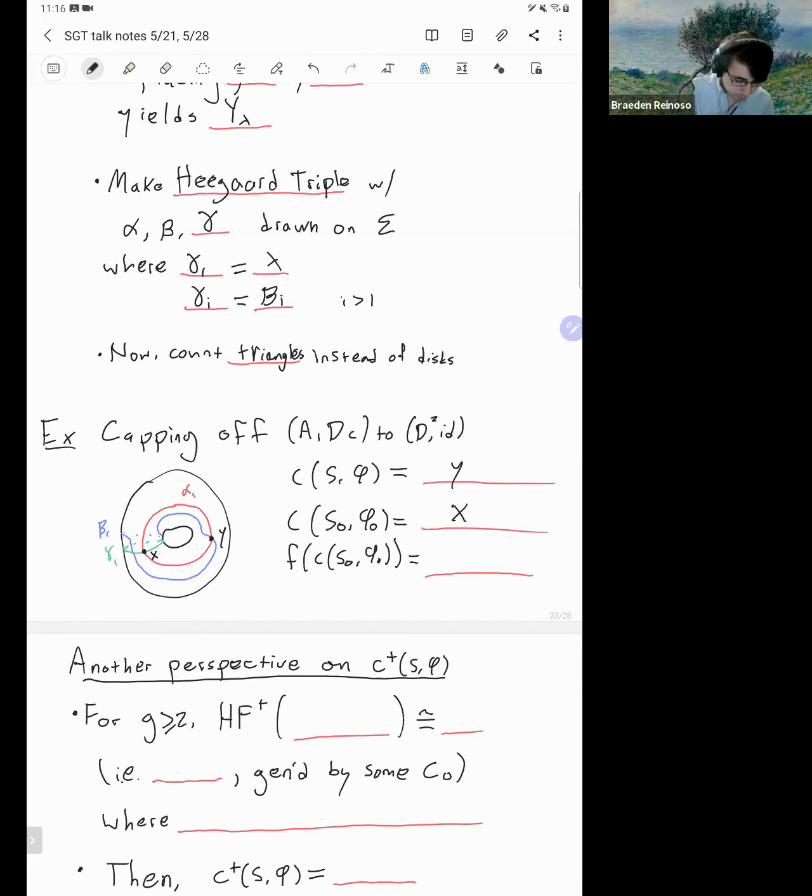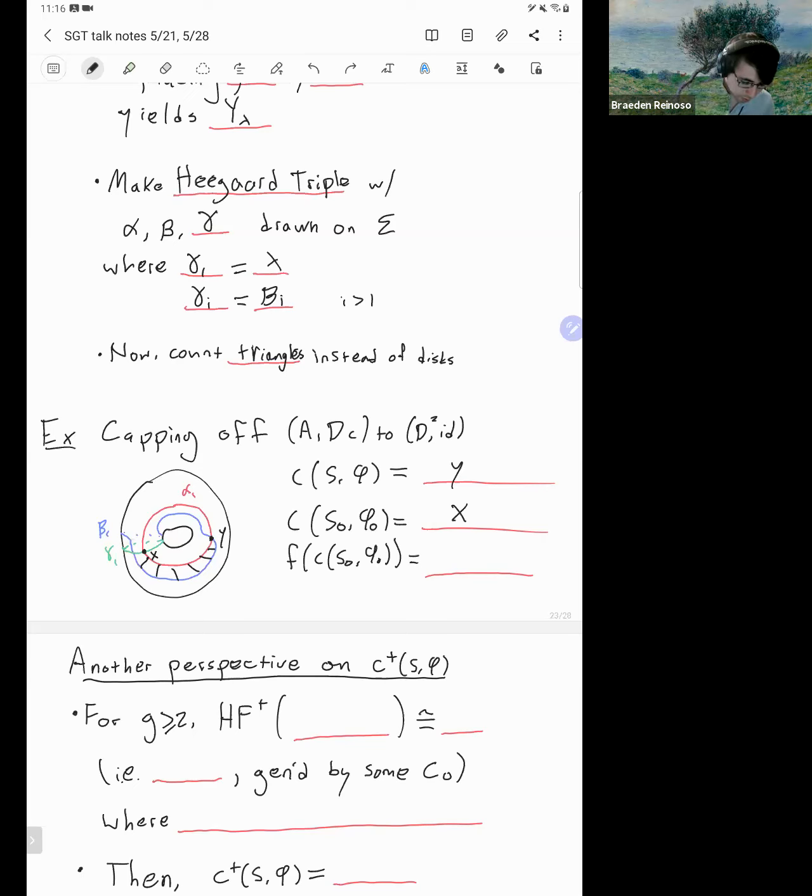What does that mean? Well, for example, you have one natural triangle right here, which runs from this x intersection point and this other intersection point here to y. So that's one triangle. But in this map, you actually also have another one hidden somewhere.